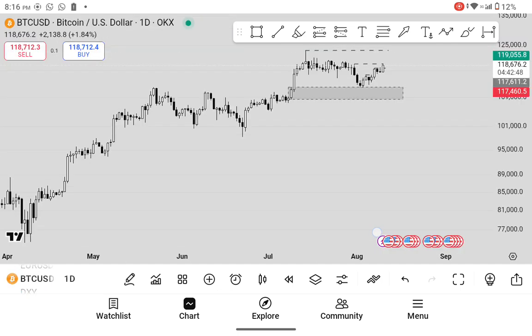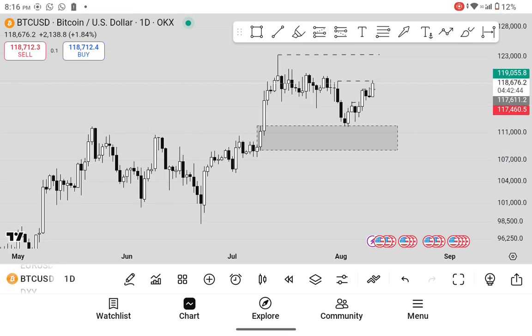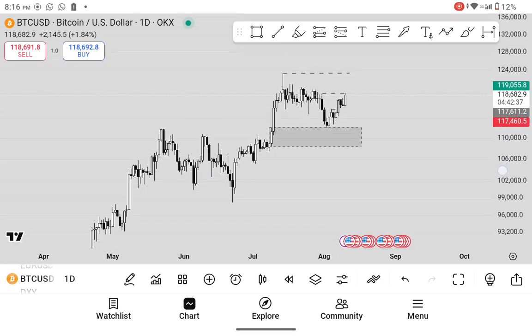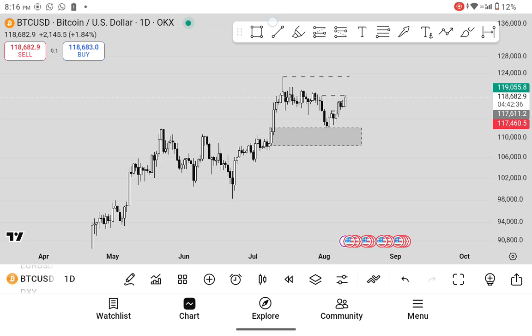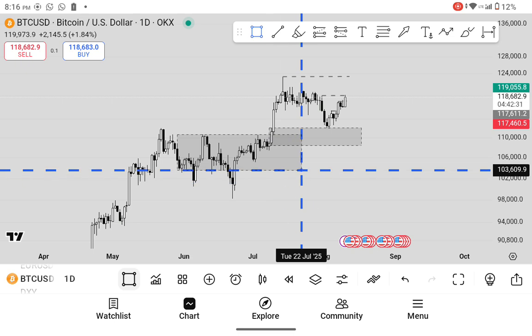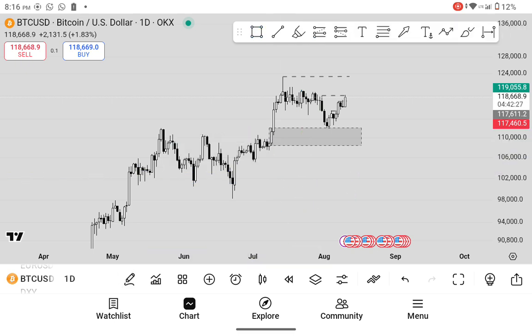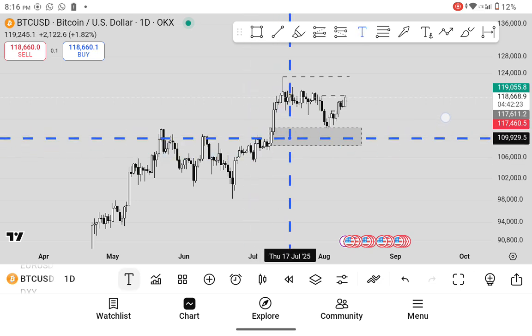Okay, so this is BTC. I took a buy trade on BTC today. BTC has been in an uptrend after consolidating at this area here. After a lot of consolidation, BTC gave us a break. That's why I always say order blocks are the king of the market.